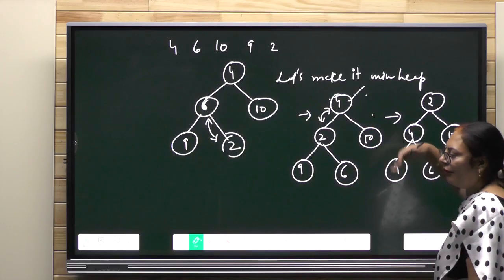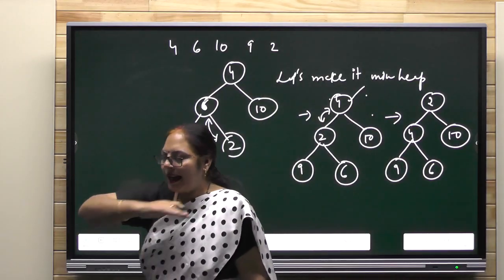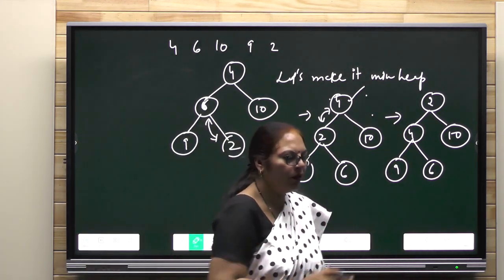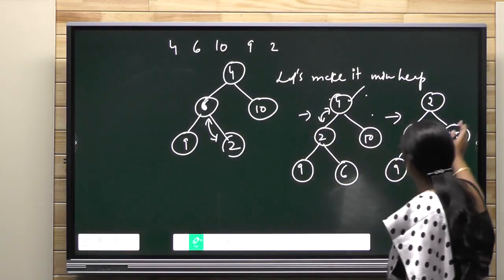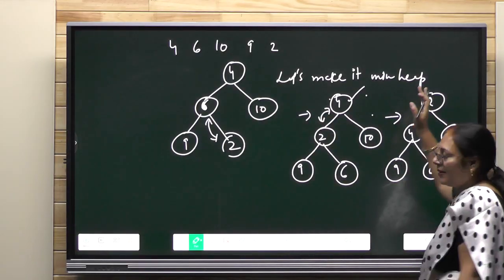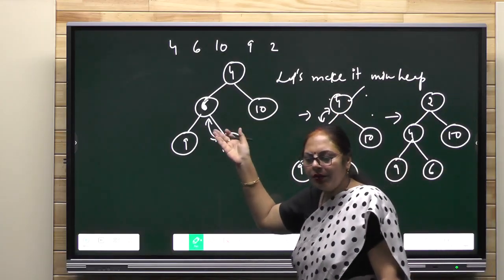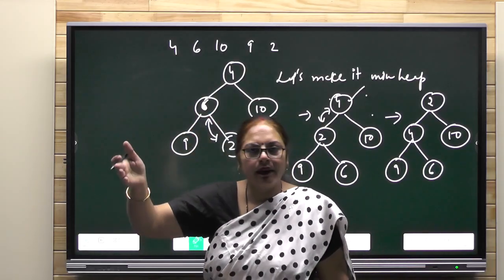Now we have finished all the levels. We started from the last level and have reached the first level, so the heap we were creating is done. If you see here, the smallest element is sitting at the root. That always happens when we create a min heap: the smallest element of all the nodes will be sitting at the root node.